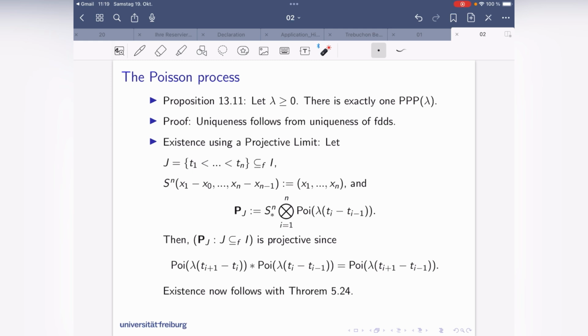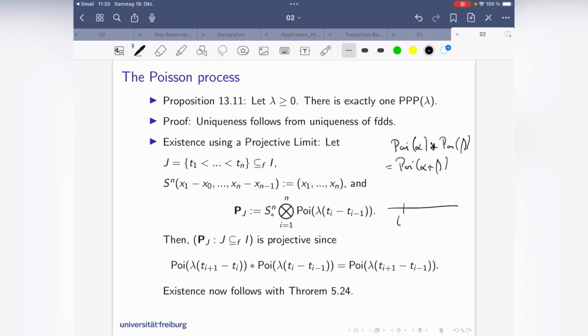Well, and the most important thing by this, please recall that if you have a Poisson distribution with parameter alpha and you make the convolution with a Poisson distribution with beta, there's a result which is Poisson alpha plus beta. So that's important for this projective property here, actually. Because, let me draw something.